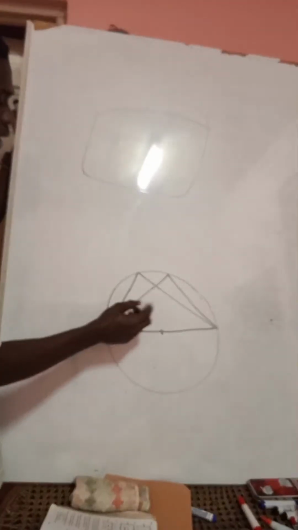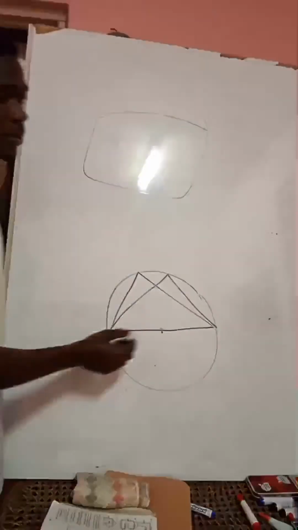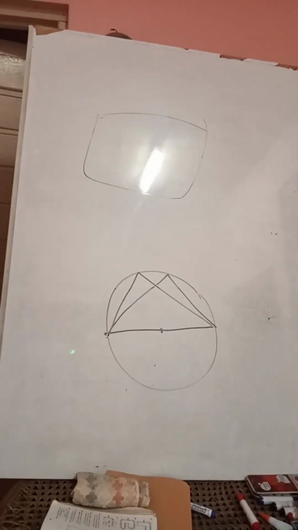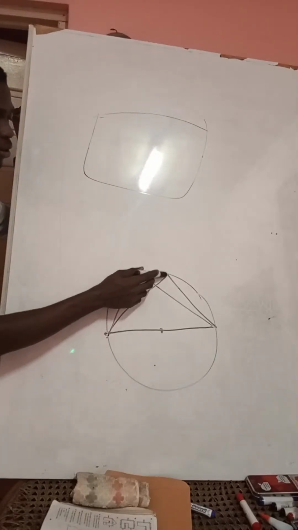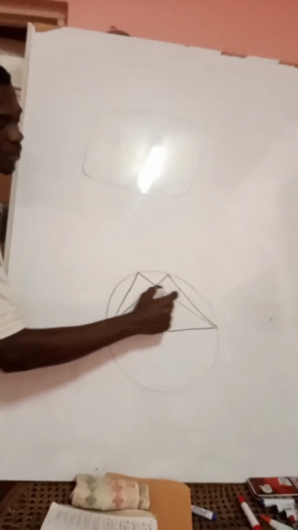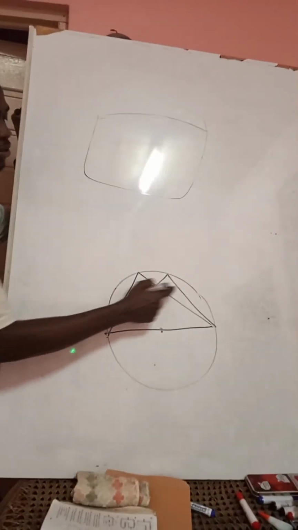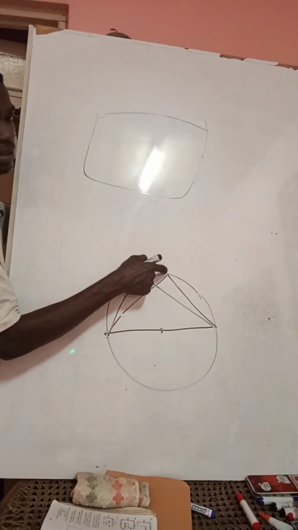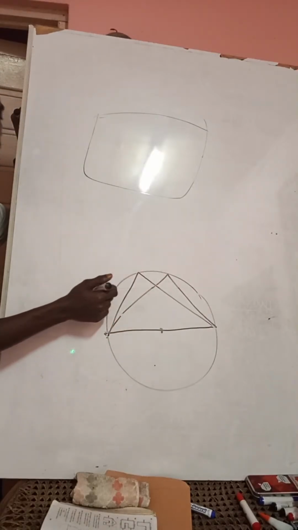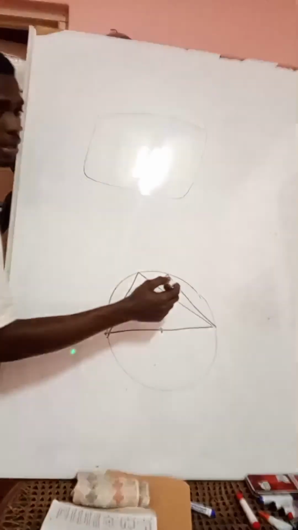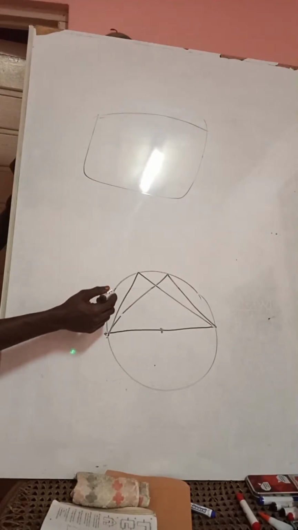These are two triangles, but the base is a diameter. This time the base is not a chord, it's a diameter. The other two sides of them are chords, and they meet at the circumference. Then we said this angle is called something. What will be this angle?